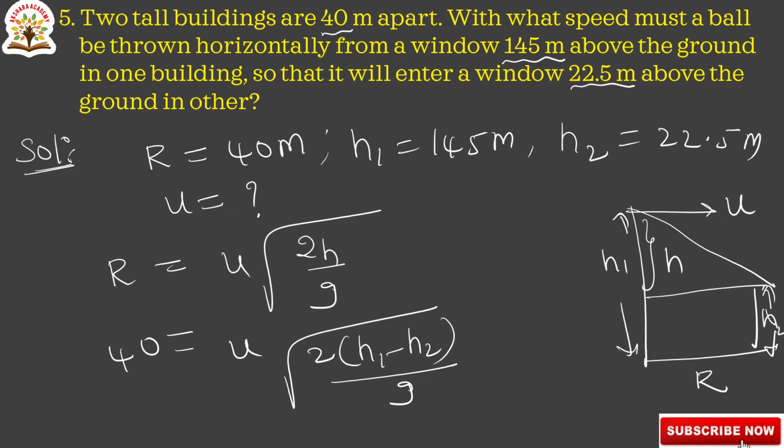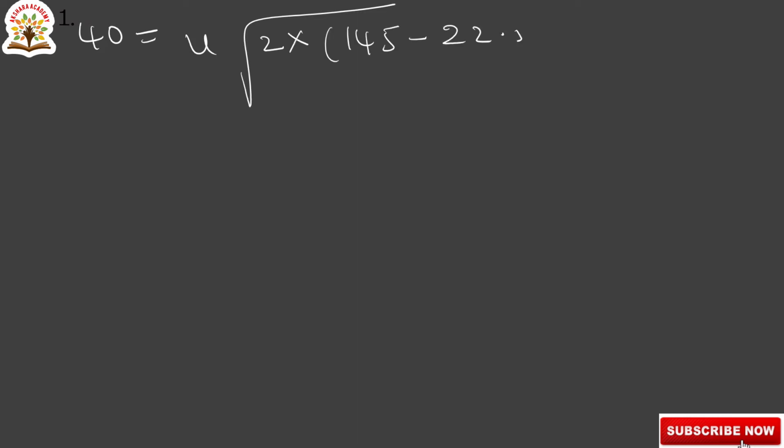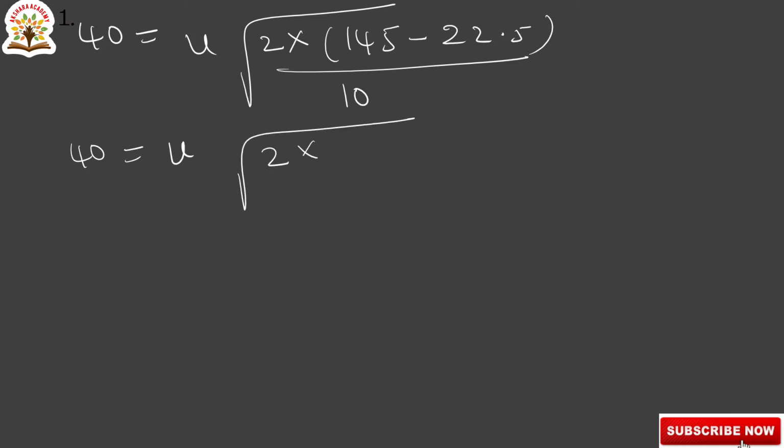Next, 40 is equal to u into root of, substituting the values, 2 into 145 minus 22.5 by g, value they given as 10. So 40 is equal to u into root of 2 into 122.5 by 10.